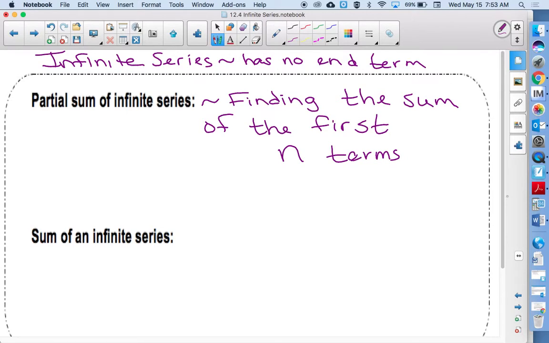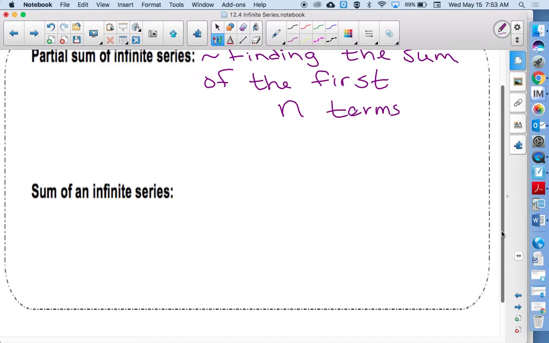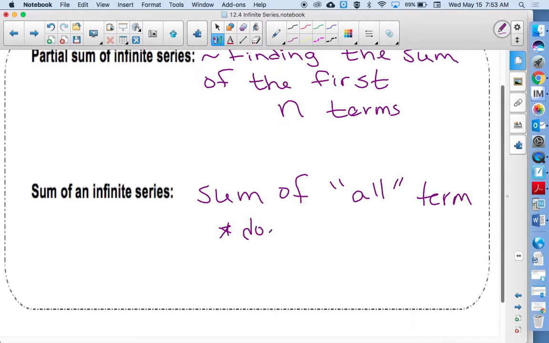Is there a sum that they would all add to be? So a partial sum would be finding the sum of the first n terms. The sum of the infinite series would be literally the sum of all the terms. I'm going to put quotes around this. And we're going to see whether the series has a limit. And that's what we're going to talk about today.